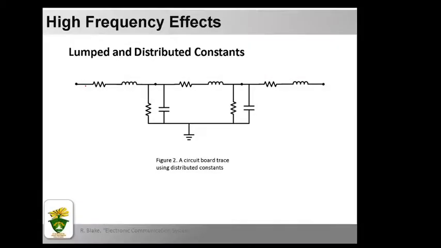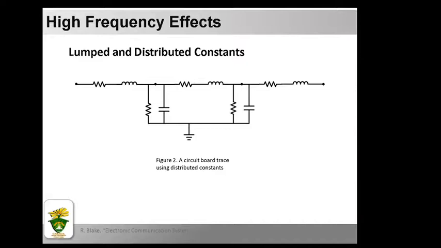At low frequency, we generally assume that capacitors have only capacitance, resistors have only resistance, and short sections of good conductors have no impedance. We saw that in previous lessons. This assumption is really a simplification that becomes less accurate as the frequency increases.